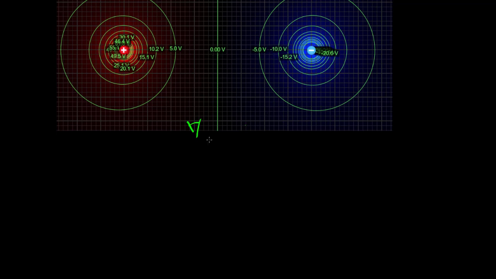So for a dipole, I'll put a positive charge here, and the negative charge would be down here. This would be more like a mountain, which then goes over to a hole, like that. And this would be on both sides. Okay, this side I didn't draw very well, but you get the idea.